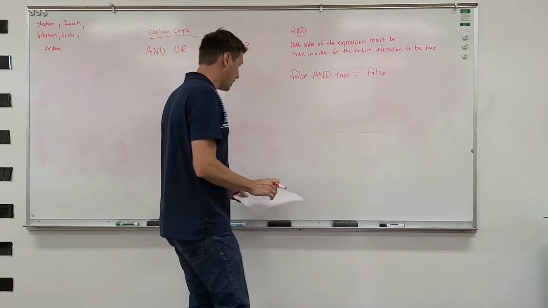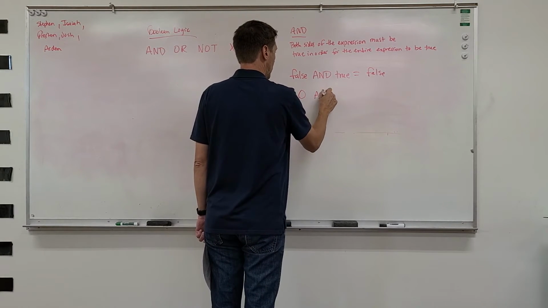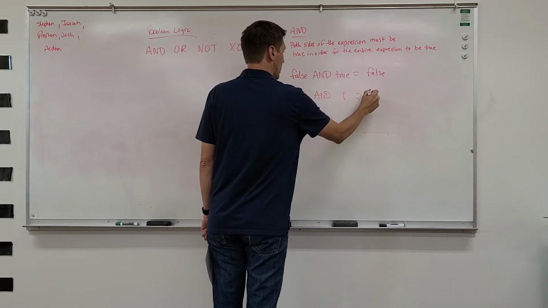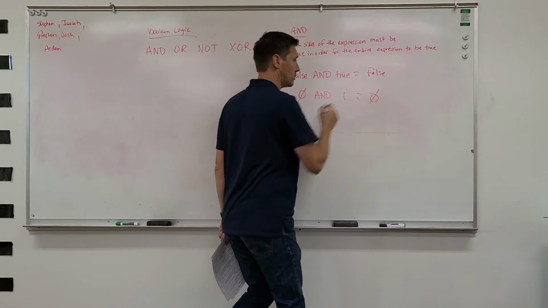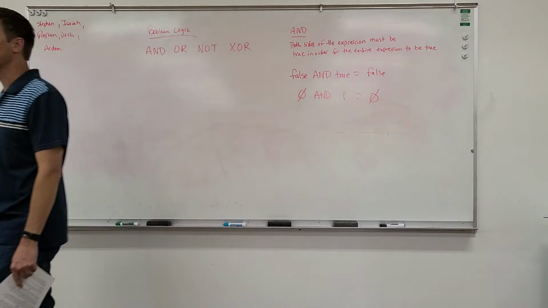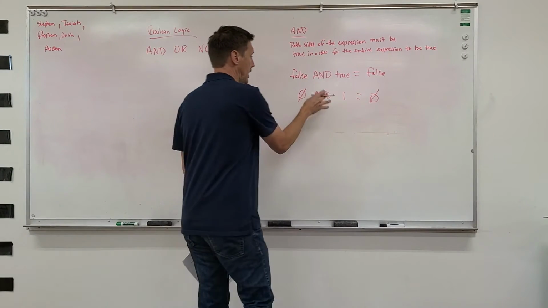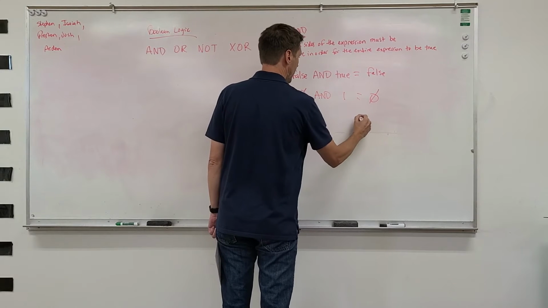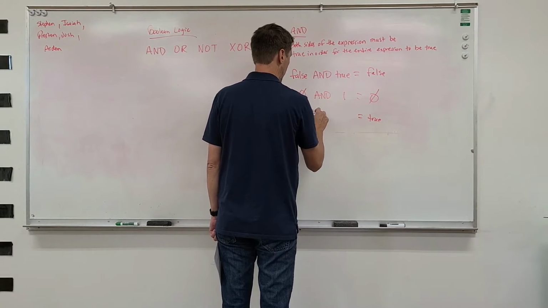Now I could write that with zeros and ones as well, right? I could say 0 and 1 is going to be 0. Let me do my little slashes so that we make sure we know those are zeros. Does everybody understand that? All right, so if I've got an AND operator, the only time that I can get an answer of true is if I have true and true.